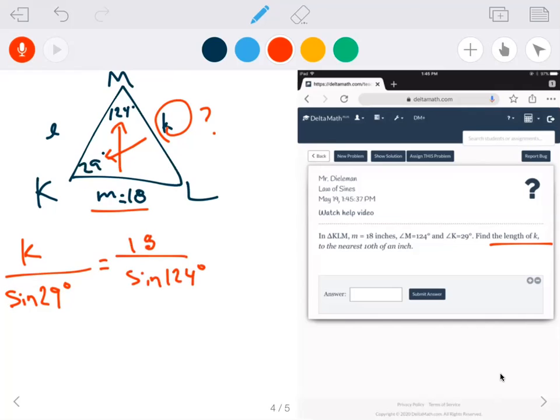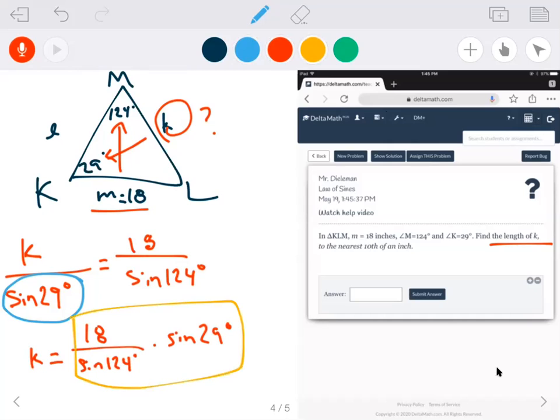How do I get K by itself? Well, I need to multiply both sides by sine of 29 in order to get rid of it over here. So I'm going to multiply both sides by sine of 29, and that'll end up giving me K equals 18 divided by the sine of 124 times the sine of 29 degrees. What I'm going to do is take this and plug it into my calculator.